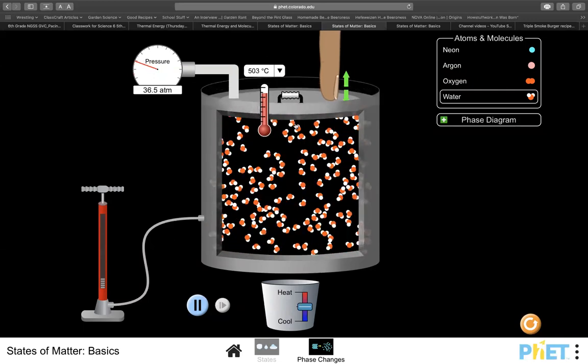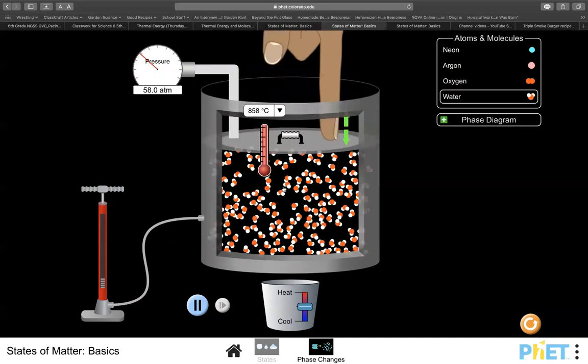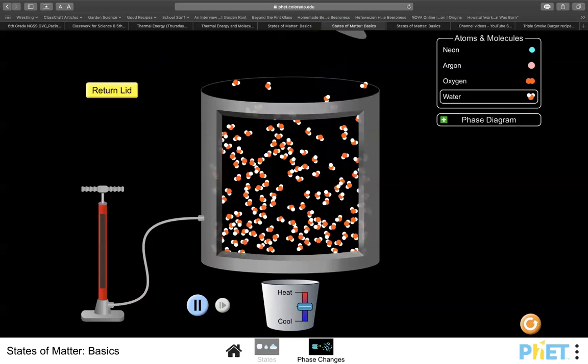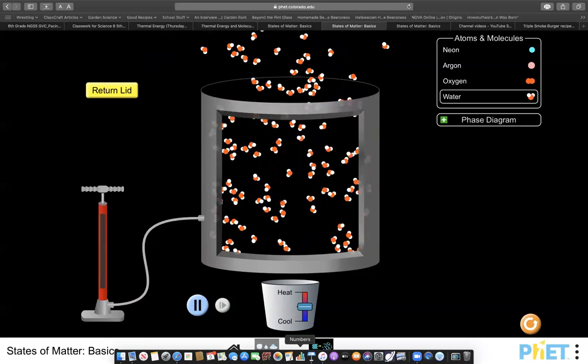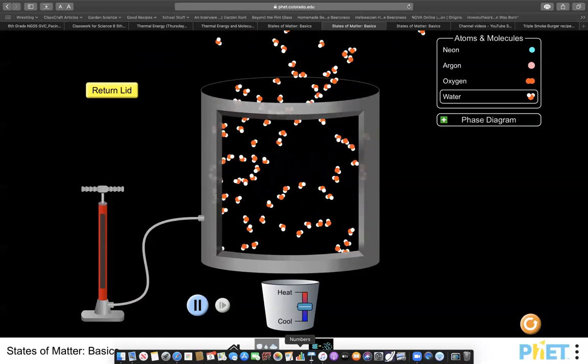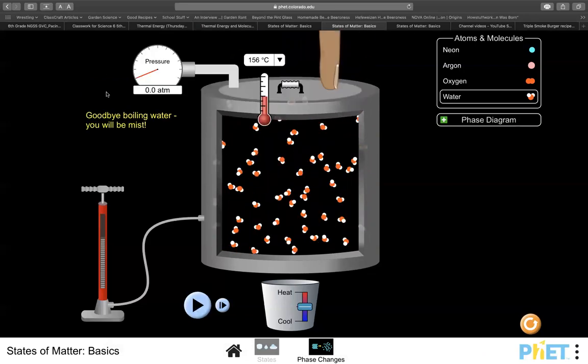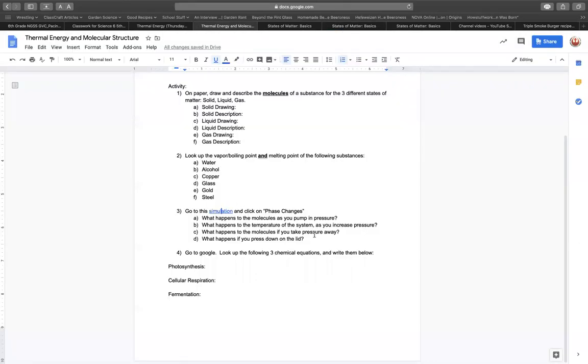If you add more pressure and take away some of the temperature by cooling it down, you might see something happen that you don't expect. So play with this a lot until you start to see some patterns of things happening, and the patterns that you find are what you're recording down here in the answers.